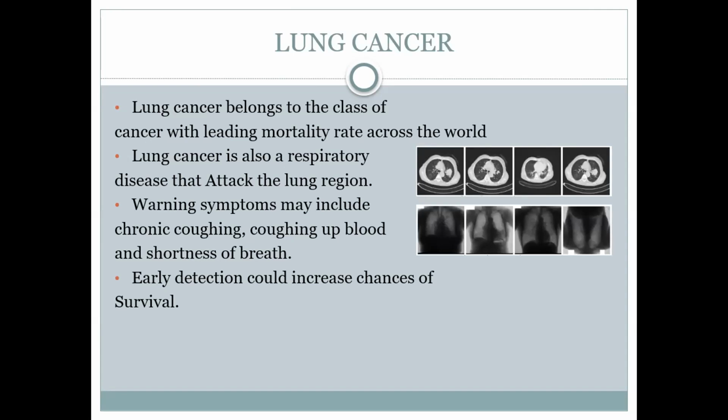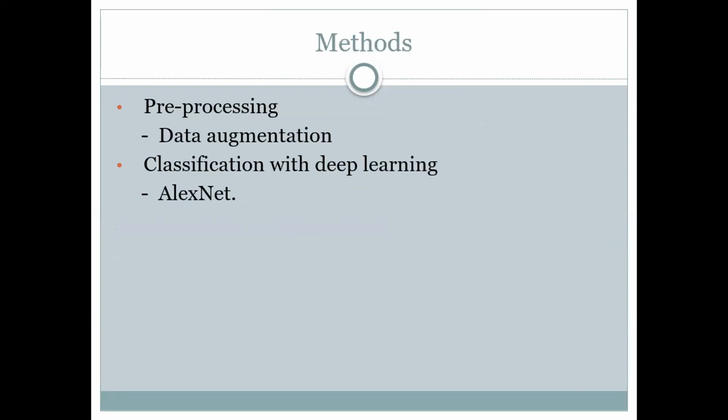The same thing goes with lung cancer. Lung cancer is also one of the leading causes of death in the world today. It is also a respiratory disease that attacks the lung region, as COVID-19 does. Warning symptoms include shortness of breath, coughing up blood, and some other things like that. Early detection could also increase the chances of the patient surviving.